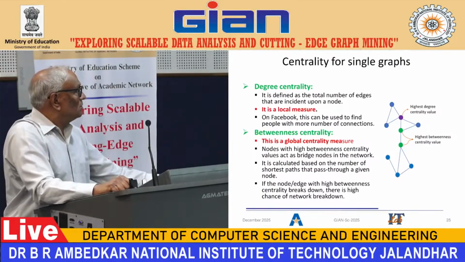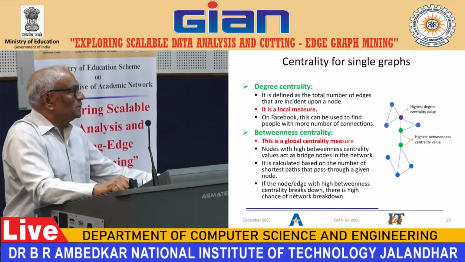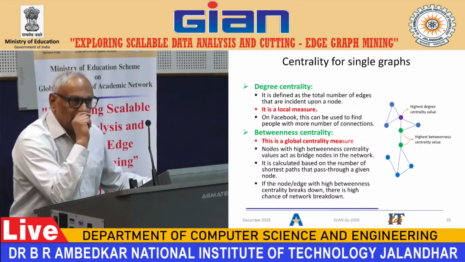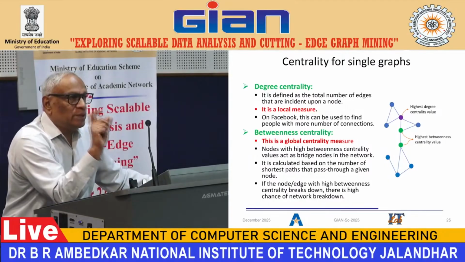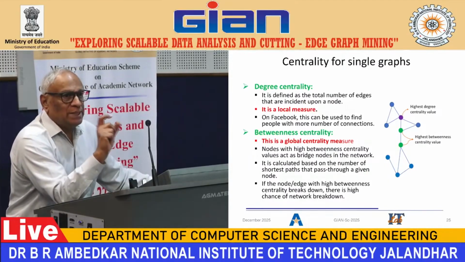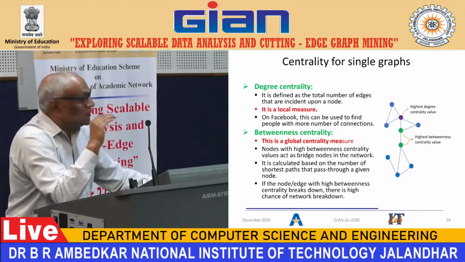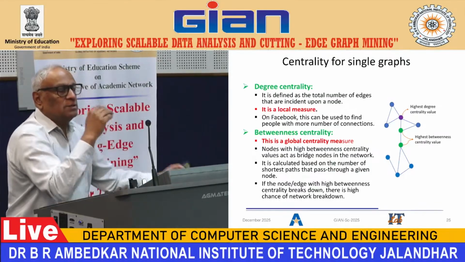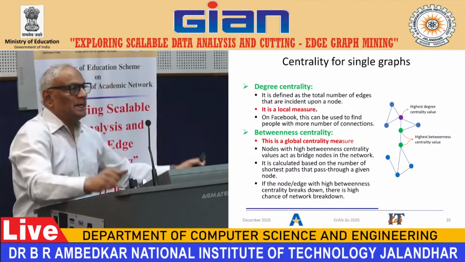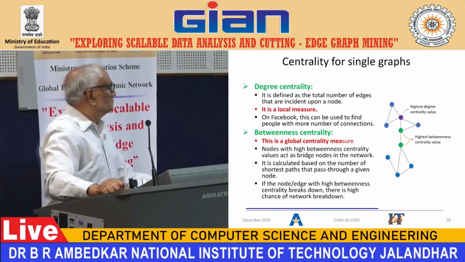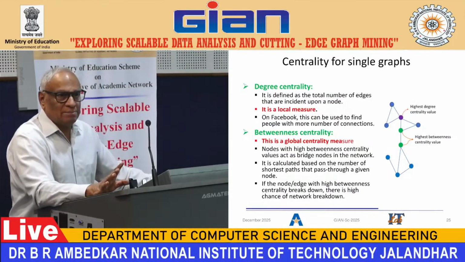If I remove this one, then this graph becomes two partitions. So that is the understanding of betweenness. Betweenness essentially is the control. If I remove that edge or that bridge, two groups of people cannot interact with each other. So do you see that? Do you understand it?